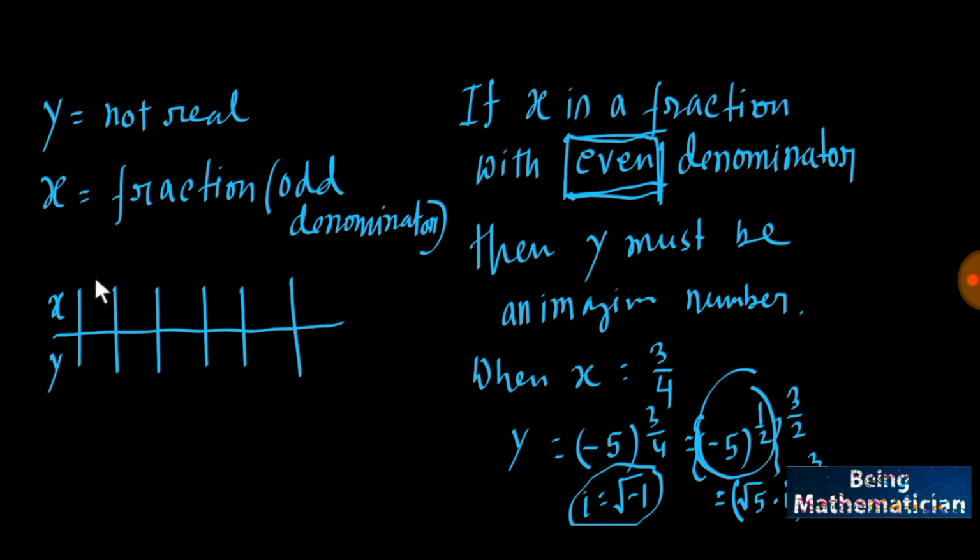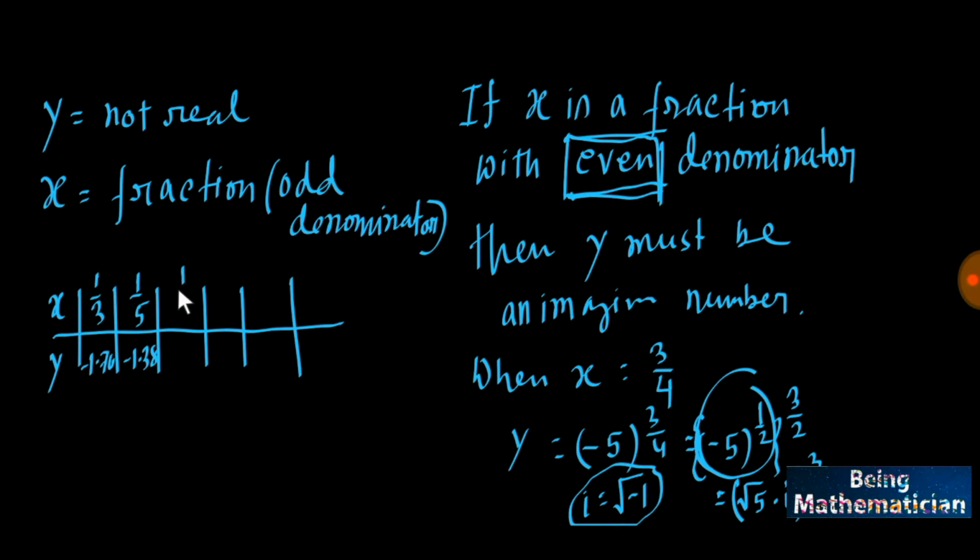When x is 1 by 3, then y must be (-5) to the power 1 by 3, and that will be minus 1.70 approximately. When x is 1 by 5, then y must be minus 1.38.